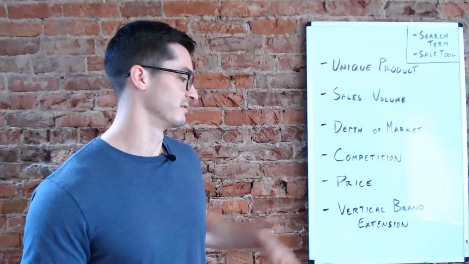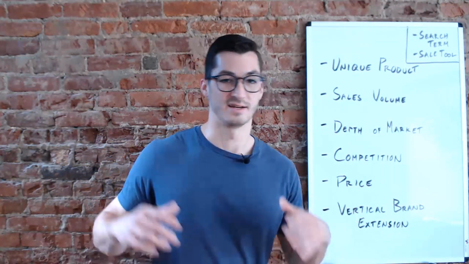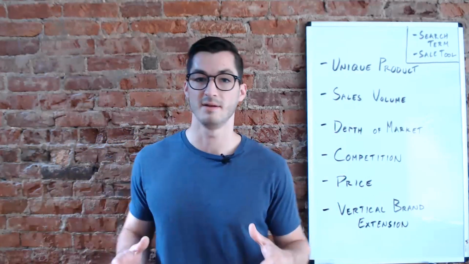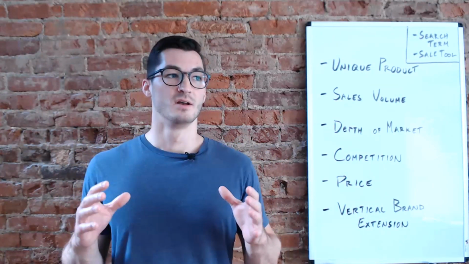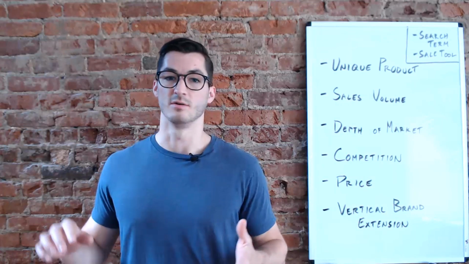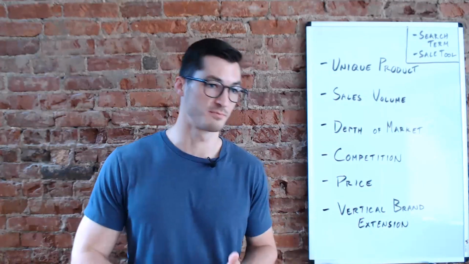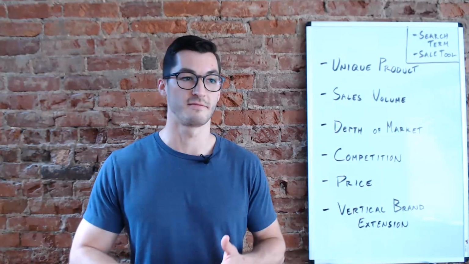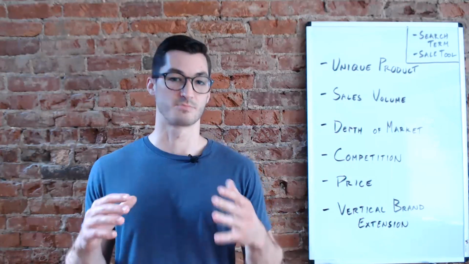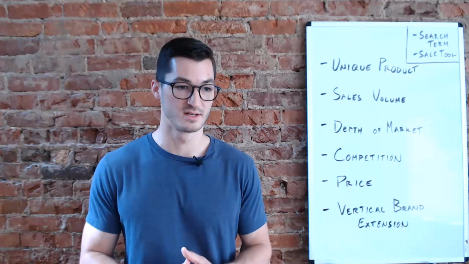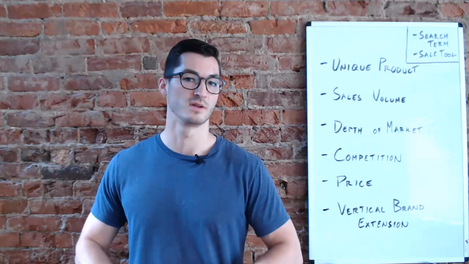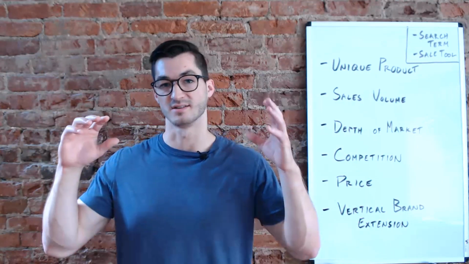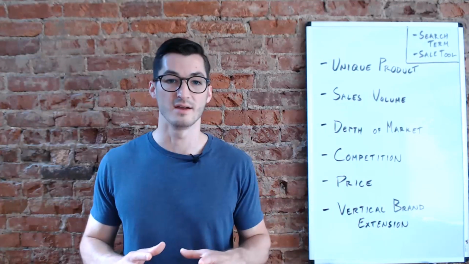Last but not least here on the list is vertical brand extension. Okay, and what I mean by this is, let's say that we've found a market, we've done our research, we've sourced a product, we're working with a factory that is providing us a high quality product, we've shipped it over to the USA, we've launched it on Amazon, and it's selling. Okay?